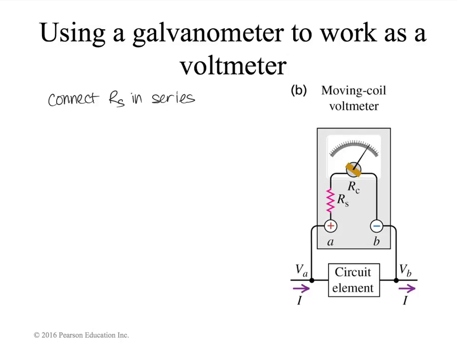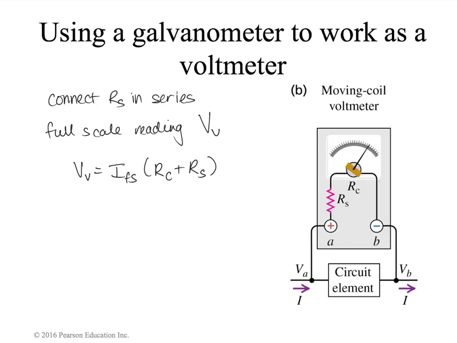And then if the full scale reading of the galvanometer is, we'll call it V sub V, then what's going to happen here, see we're trying to measure the circuit element, the V sub V is going to be equal to the full scale current times the resistance of the galvanometer plus the resistance that we've put in series.